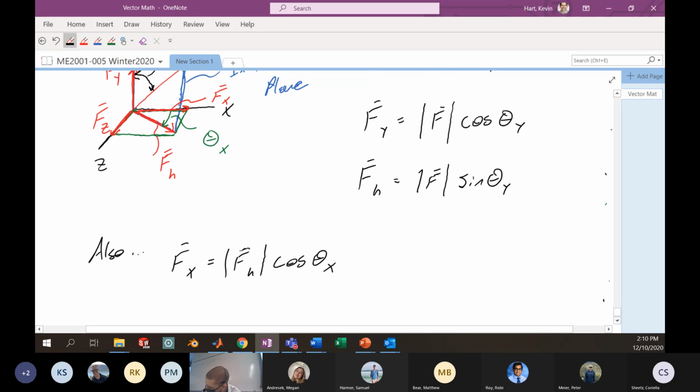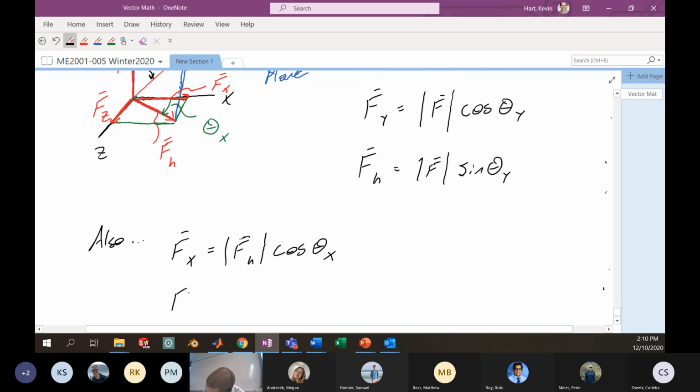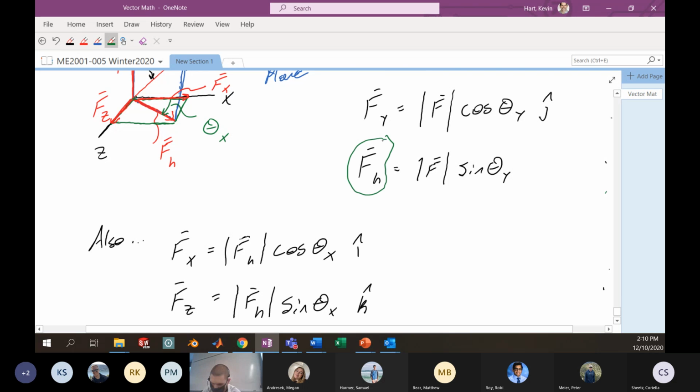And I could also write that my vector Fz, sorry, let's be more clear about this, is my magnitude of the vector Fh multiplied by sine of theta x. We have to be clear that we're using vectors here, so let's put some unit vectors on here appropriately. Now this Fh here, I don't really have a unit vector associated with that particular direction. And we'll talk about that in just a second.